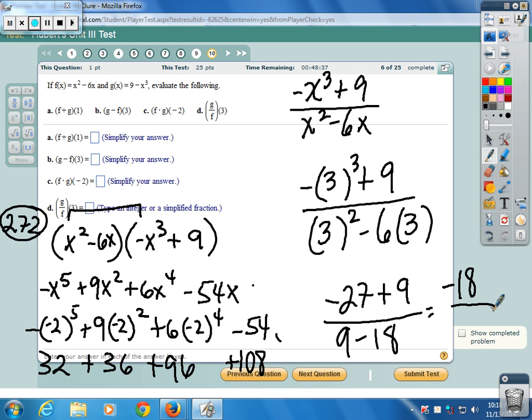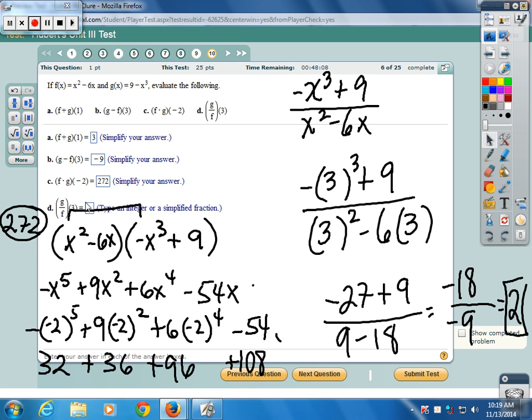Over 9 minus 18 is negative 9, which is 2. All right, what was the first one? It was 3, and the second one, negative 9. The third one is 272. And the last one is 2.